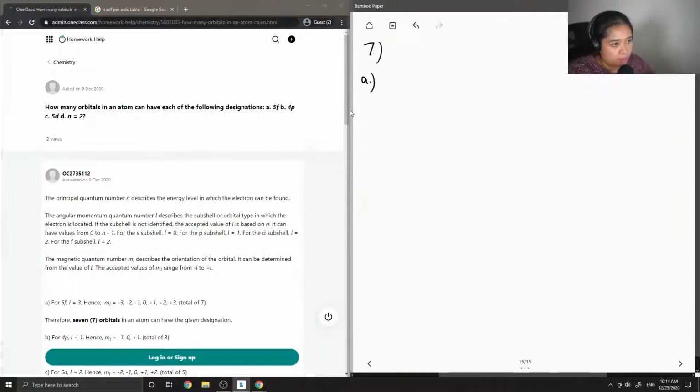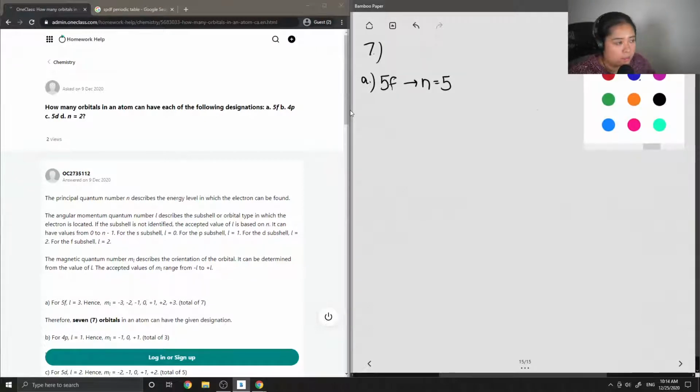So starting with 5F, its n quantum number is just equal to 5. And to find our L quantum number, this is from the block letter. So I'm going to write all the different L values up here.